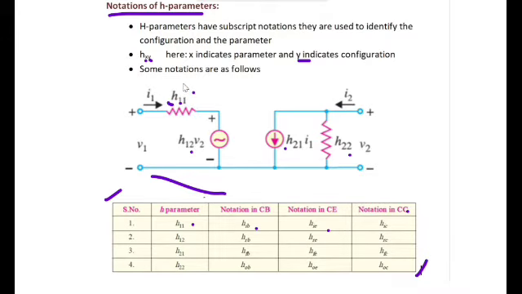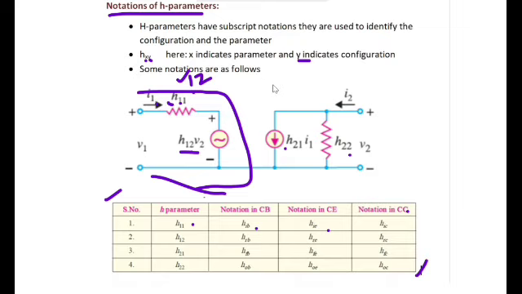If we have a look at the equations, V1 is equal to h11 into I1 plus h12 into V2, and that first equation satisfies the first circuit, this input network. In this input network, h11 into I1, that is the input current, plus h12 into V2 is another term in the first equation.